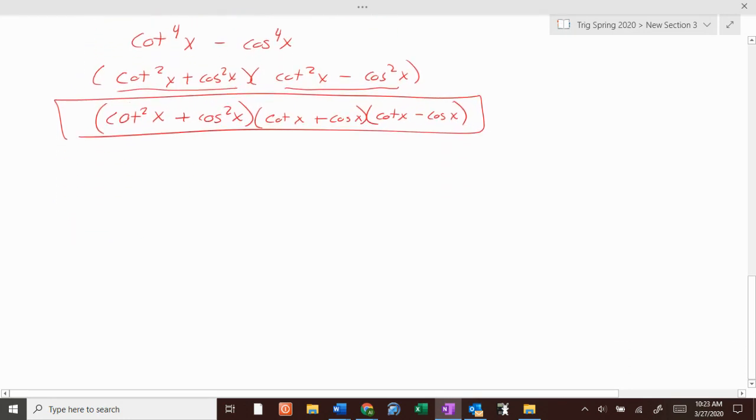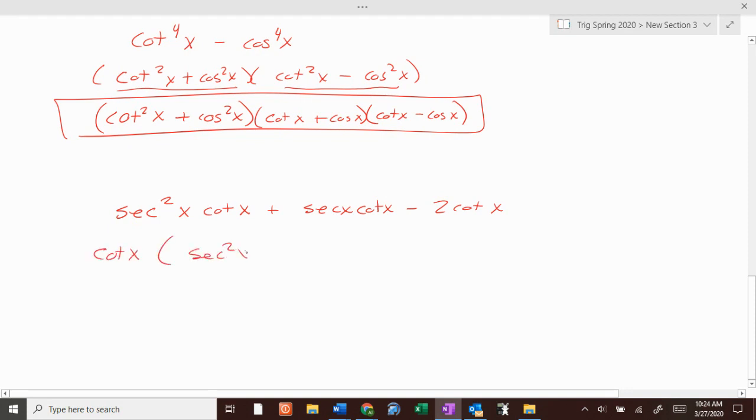All right. Continuing on. If we have greatest common factors, such as if we have secant squared of x cotangent of x plus secant of x cotangent of x minus 2 cotangent of x. Okay, in here, I see I have a cotangent here, a cotangent here, a cotangent here. I can factor out a cotangent of x.